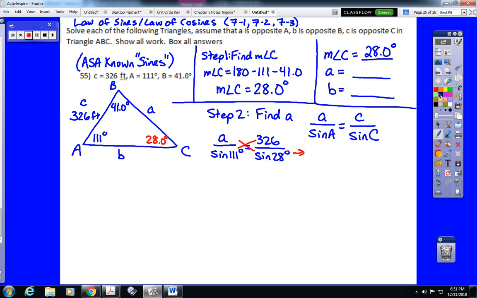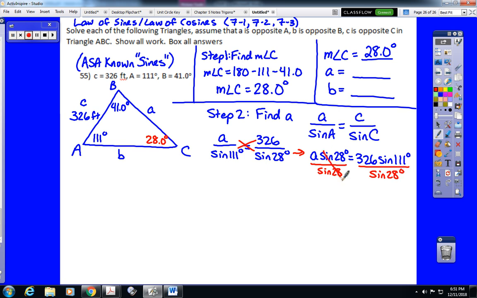So we cross-multiply, which gives us a times the sine of 28 degrees equals 326 times the sine of 111 degrees. You should not be reaching for your calculator until you have finished solving for the variable. So when we're looking there, we have a times the sine of 28 degrees. To finish solving for a, we should divide by the sine of 28 degrees.